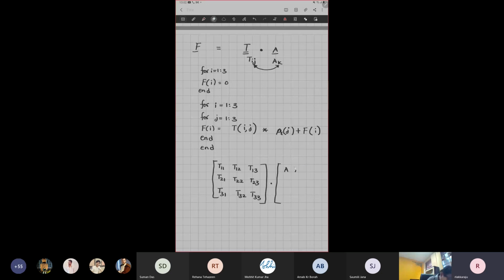So let us write subscripts. So it becomes A1, A2, A3 matrix product.